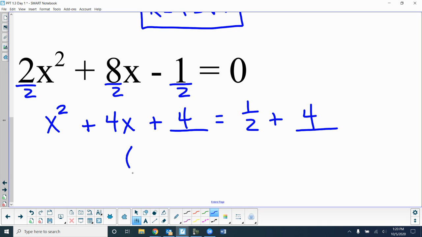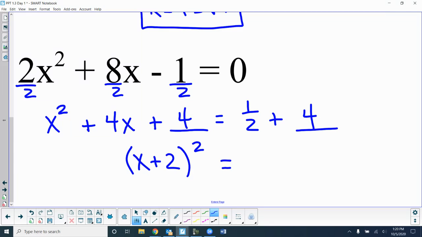So, what does this factor into, Zach? x plus 2. Yeah. It's always x, it's always the square root of that, whatever is in front of the b, plus, in this case, the square root of the number you just put in there. So we put a 4 in there, so the square root of 4 is a 2.